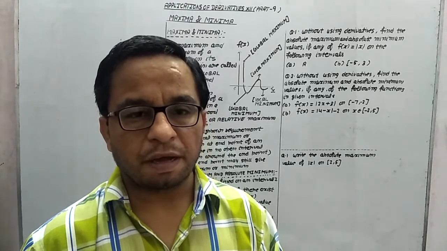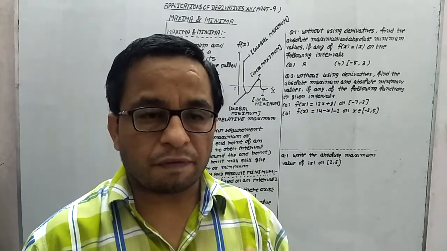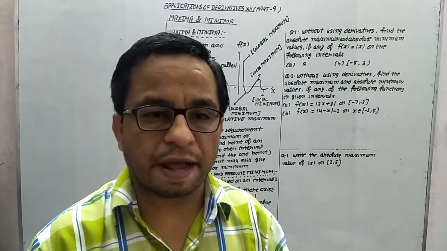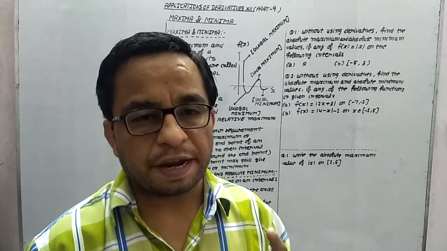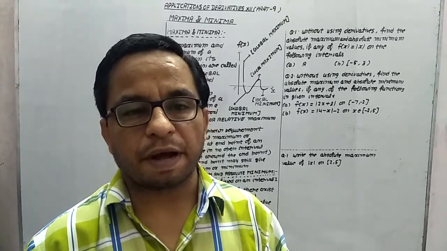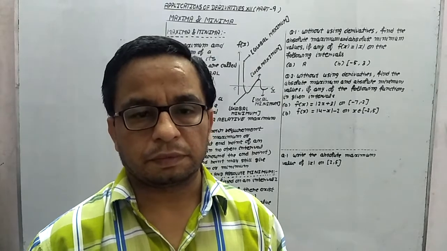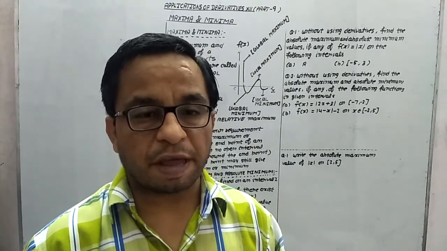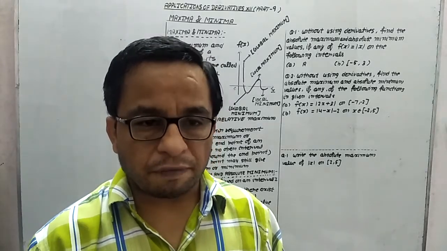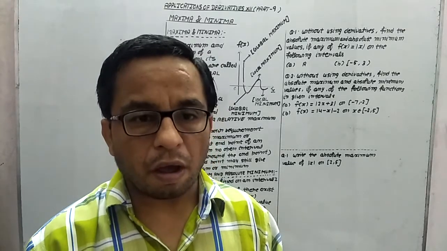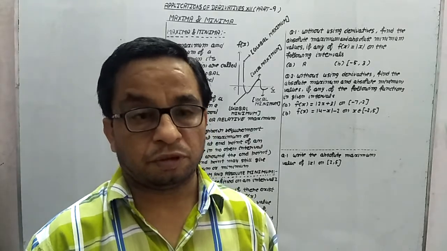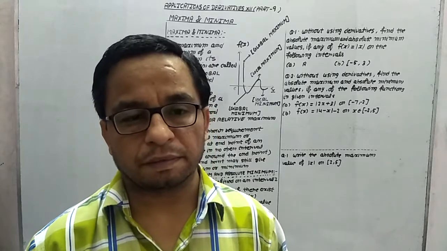One type: if we find the maximum value of the function in its entire domain, then it is known as absolute or global maxima and minima. Another type: if in a given function we find the maximum and minimum value in its neighborhood, not in its entire domain.